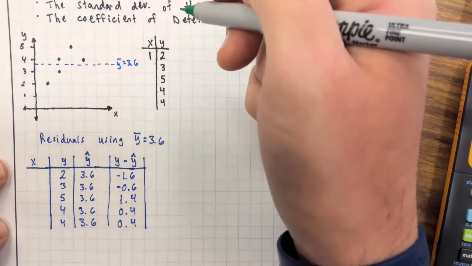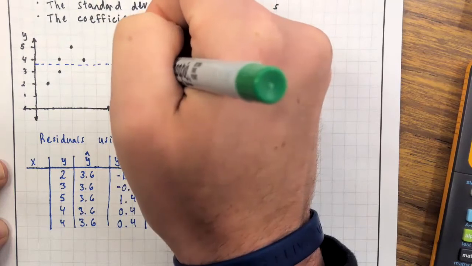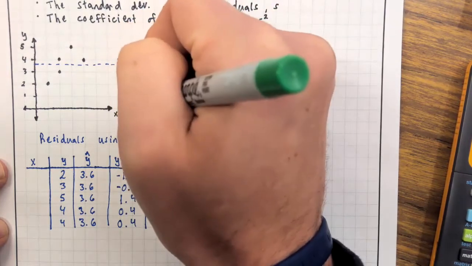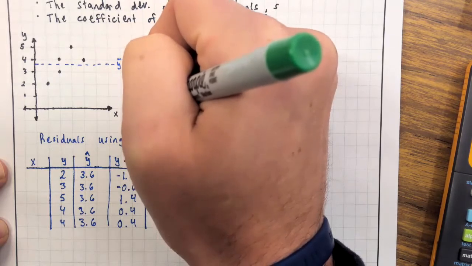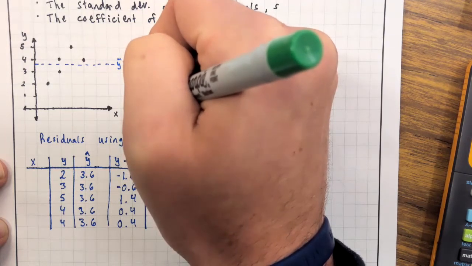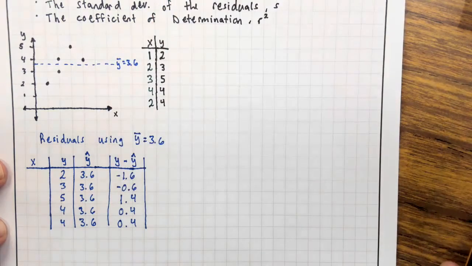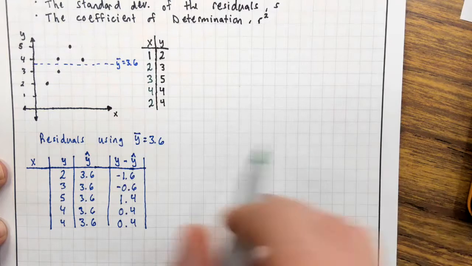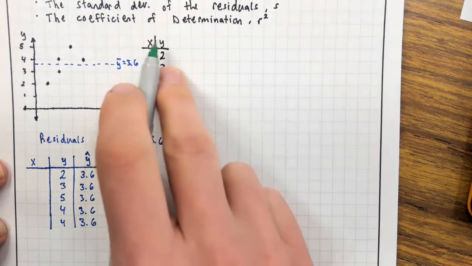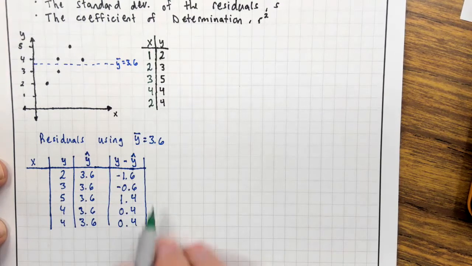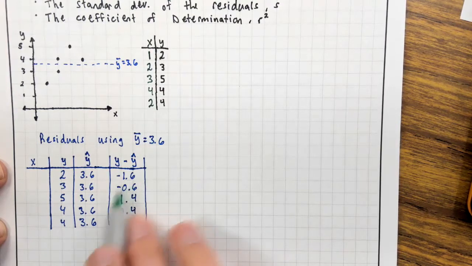This is data that I just kind of came up with for the example. And then we have 2, 3, 4, and 2. All right, awesome. So by knowing these x values, I should be able to come up with a better predictor. I should come up with something that's going to reduce the amount of these residuals.